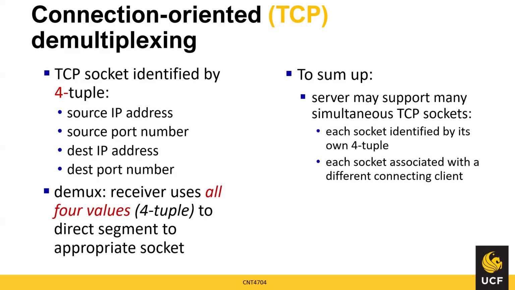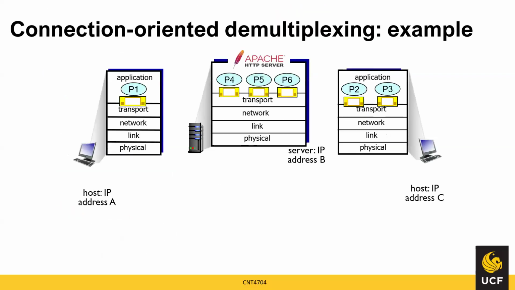To sum up TCP, the server can support many TCP sockets, and each socket is uniquely identified by the 4-tuple and corresponds to a different connecting client.